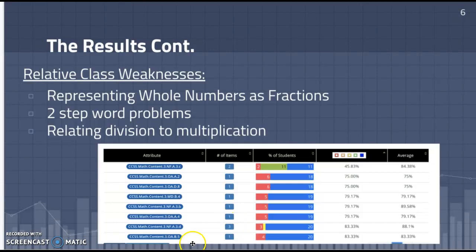Relating division to multiplication. So those are some of these standards. This 308D8 is that two-step word problem. So you can see 6 students did not get it right at all, and that was a 75% average. And then another low one is 30A2, which is multiplication and really relating division to that.